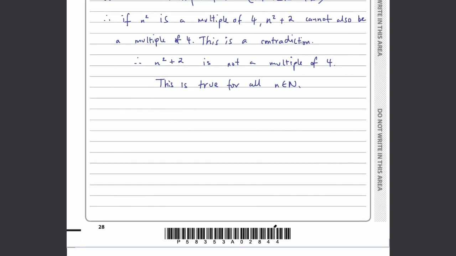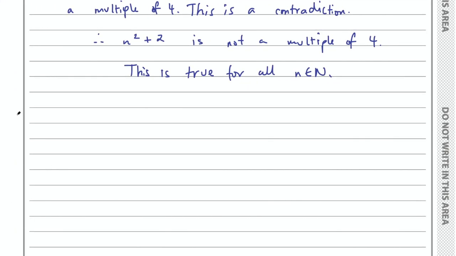Let me go through another method that I think is a little bit more straightforward. It doesn't rely on proof by contradiction, it's a direct algebraic proof. So we can say for this one, this is method 2. This is the one I would suggest you use.